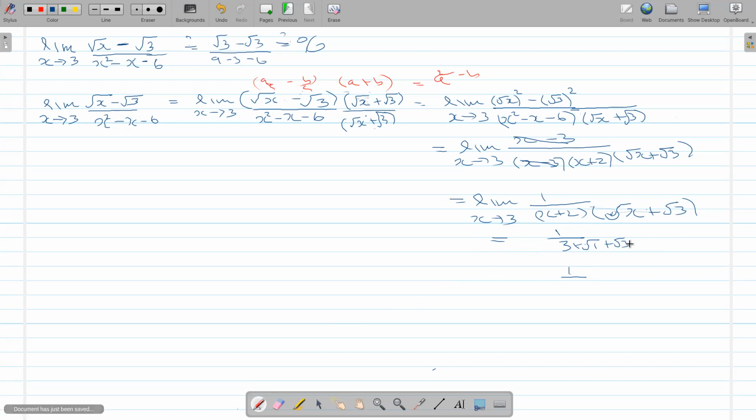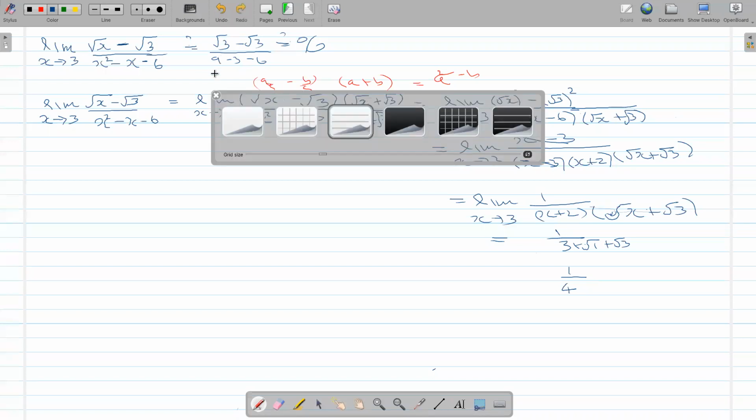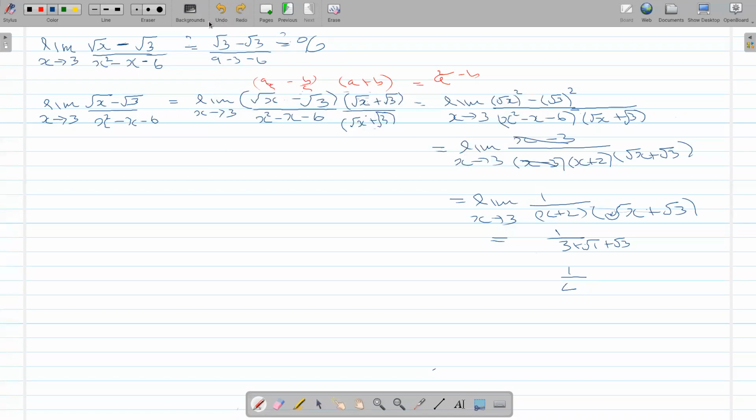Okay, the square root 3 we don't know, no? 1 plus 3 is what? 4. Square root, sorry, 4 plus, give me a minute, okay? 4 plus here square root of 3.